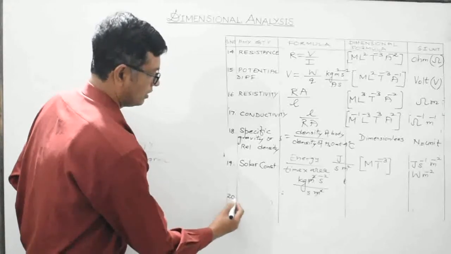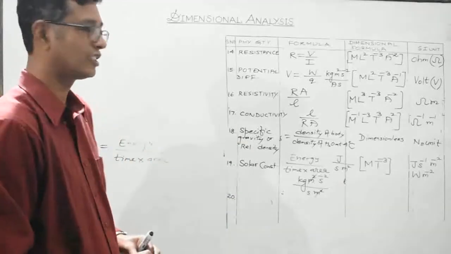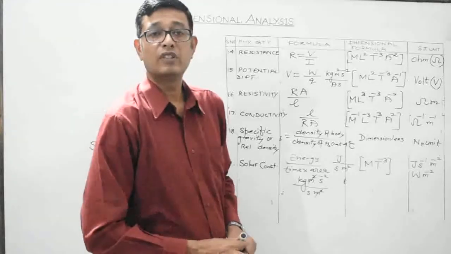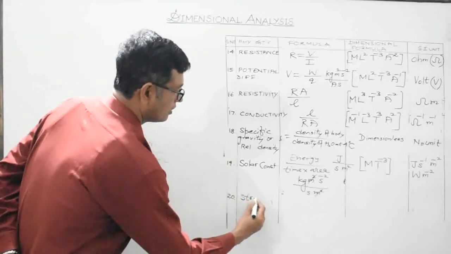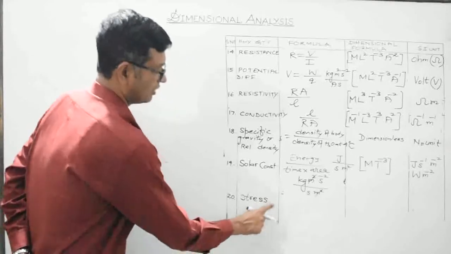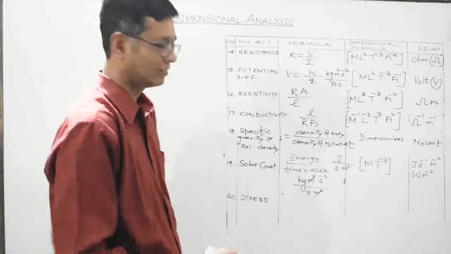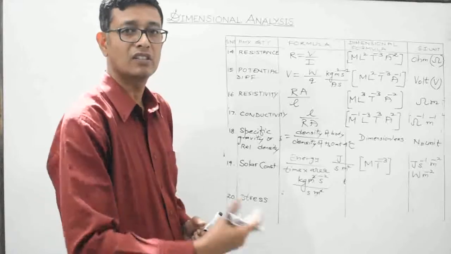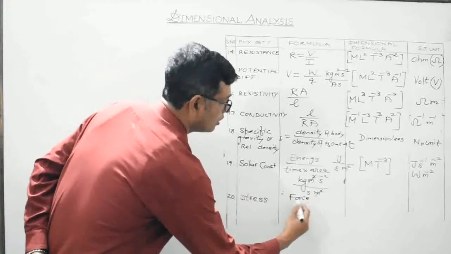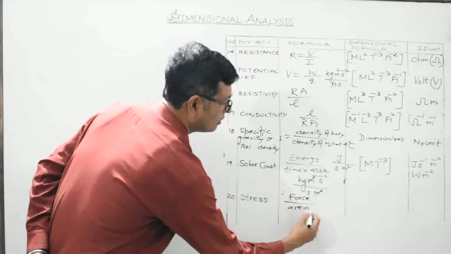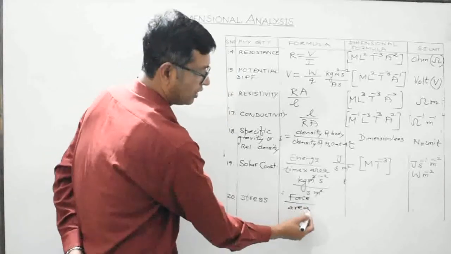So let's discuss the 20th physical quantity. Here we can discuss stress. Obviously, I am not talking about mental stress. Stress is a physical quantity which we will be discussing. Stress is basically force per unit area. So force is Newton, area is meter square.